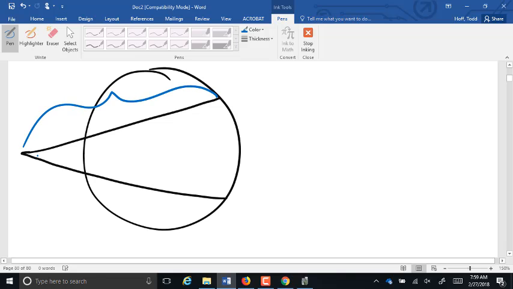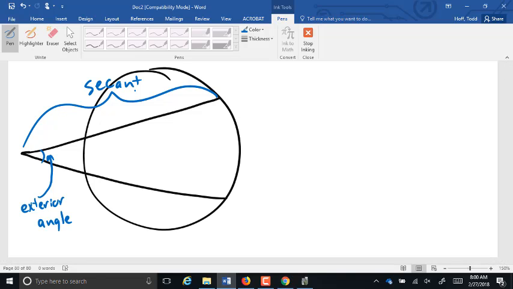The angle is an exterior angle. There you go. The line itself, or the line segment itself, becomes a secant because it extends through the circle. A secant is just a line that has points that are both inside the circle and outside the circle. So that is the secant.